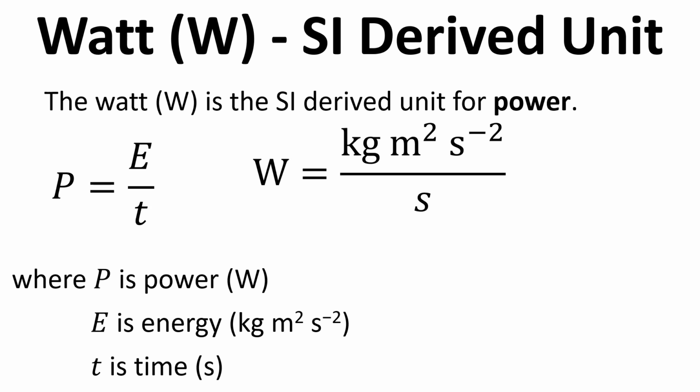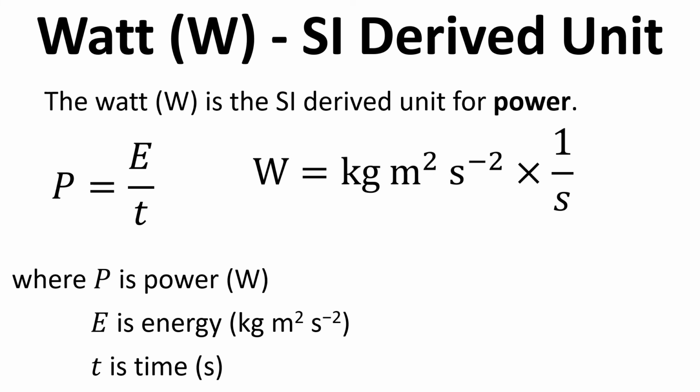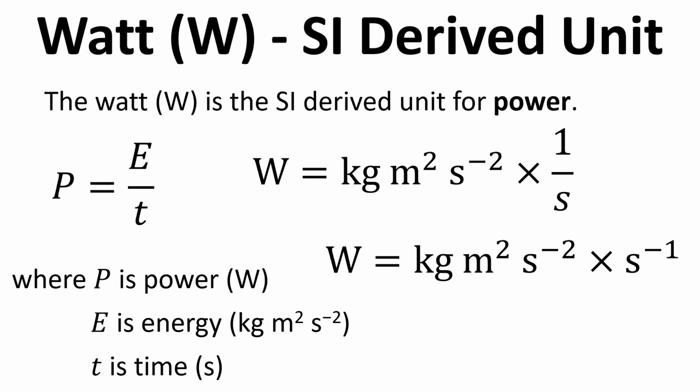We now need to change the denominator into standard form, so that 1 over seconds becomes seconds to the -1, and if we tidy this up, we get kilograms meters squared seconds to the -3. So we have to add up the -2 and the -1 to bring the seconds all together, so we just see seconds appearing once.